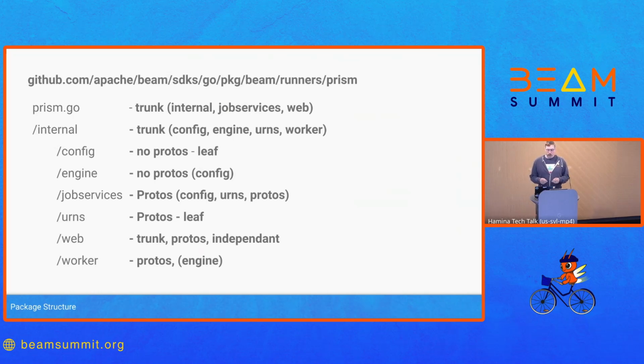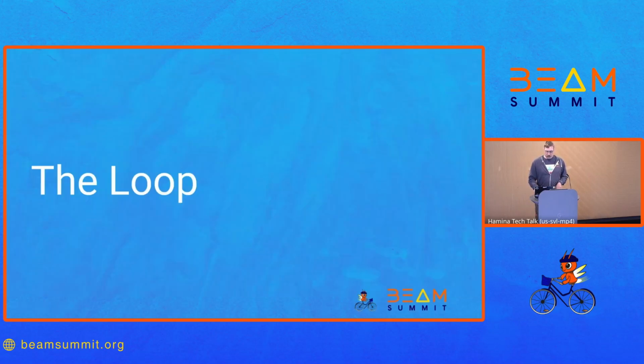Largely because I wanted to avoid specific coupling between how we're communicating these aspects across SDKs and the actual engine. After all, Flink, for example, does not implement things in terms of the Beam protocol buffers, and yet it can quite readily execute streaming pipelines, job services, and so on.